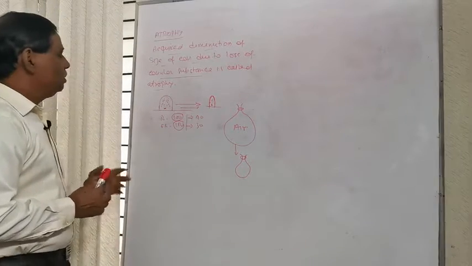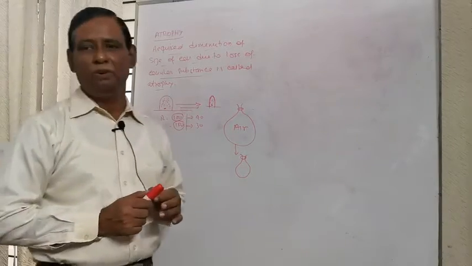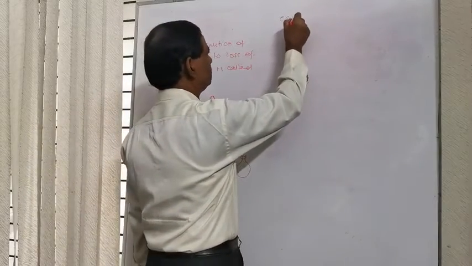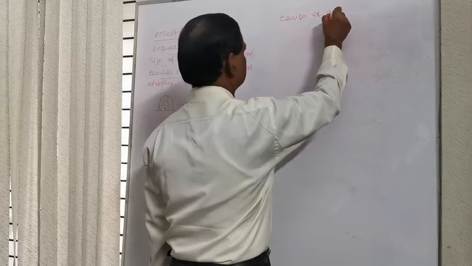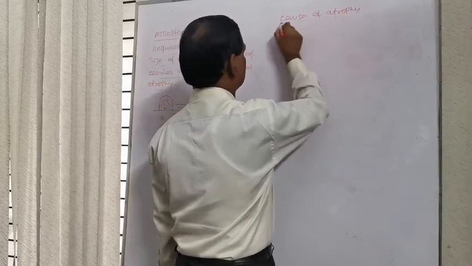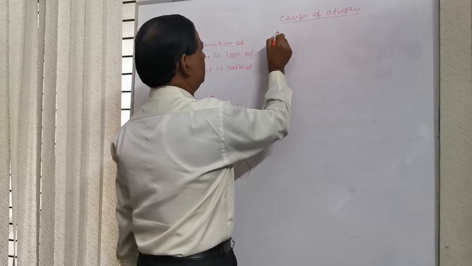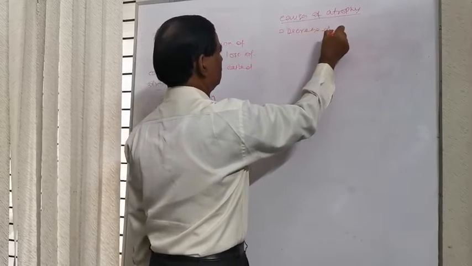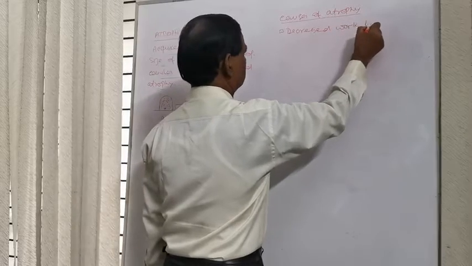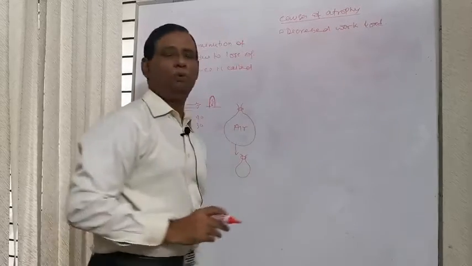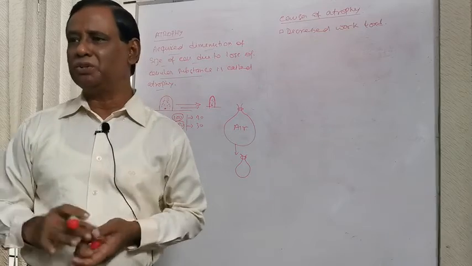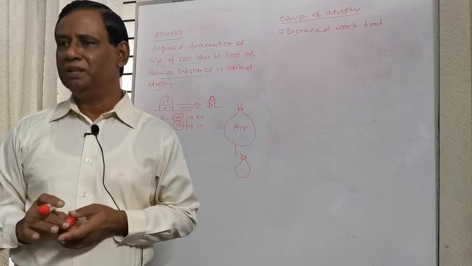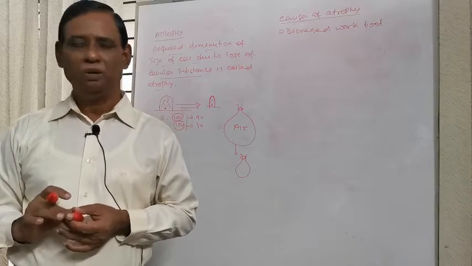Now come to the causes of atrophy. What are the causes of atrophy? Causes of atrophy: decreased workload. If the workload of a cell is diminished or reduced by any means, the size of the cell is reduced. So, the cause is diminished or decreased workload.